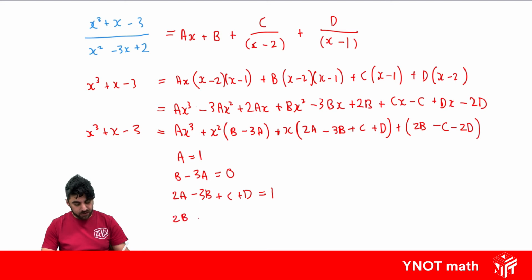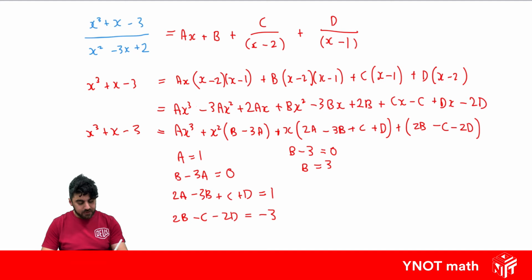And 2b minus c minus 2d is going to have to equal minus 3 to match up with the constant. And now let's go ahead and solve for all four of these. Well, we've already got a equals 1, and we can sub that into our next equation here. So we'll get b minus 3 times 1, which is just minus 3, equals 0. So b has to equal 3.